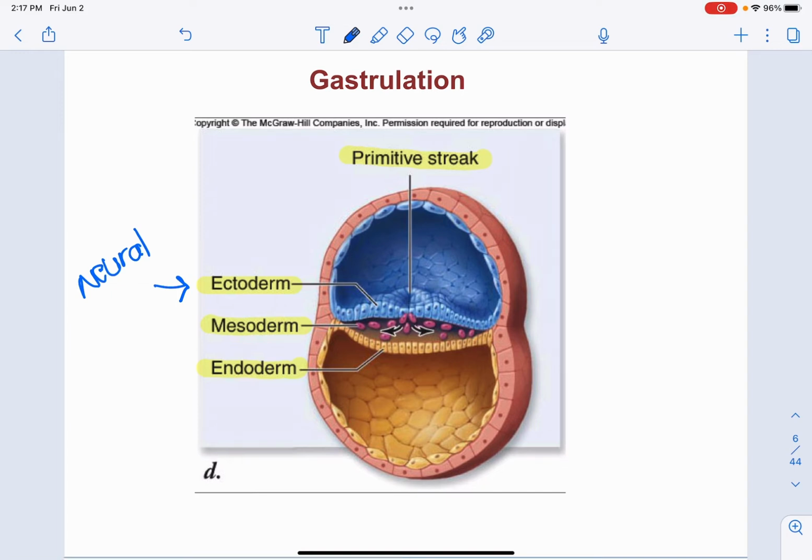The endoderm, and I have another slide with all of this written out, is going to give rise to the epithelia, glands, the lining of the GI tract, the gastrointestinal tract. All right, and then the mesoderm is going to give rise to everything else. What I mean is skeletal muscle, smooth muscle, bones, everything else is going to come from the mesoderm. So this is the origin of the developing baby.